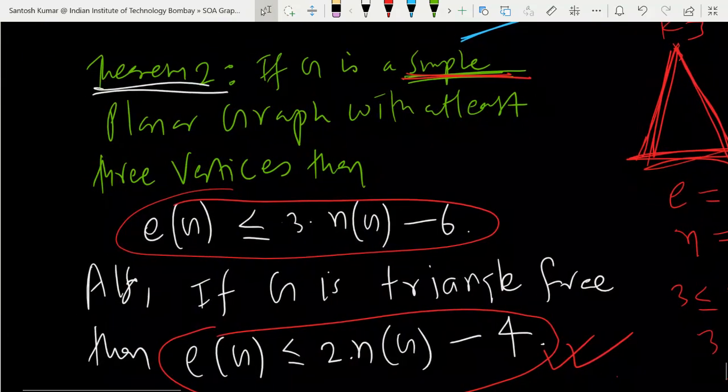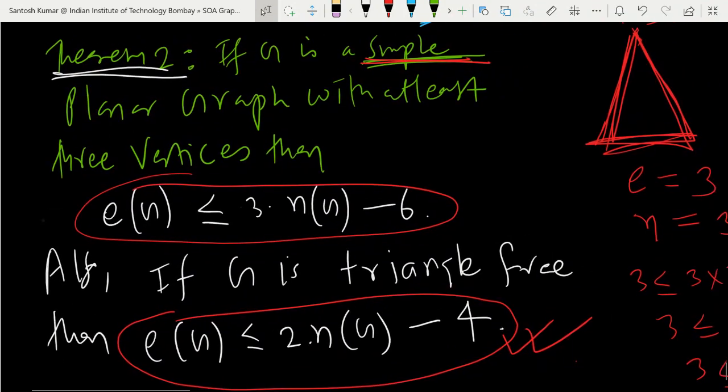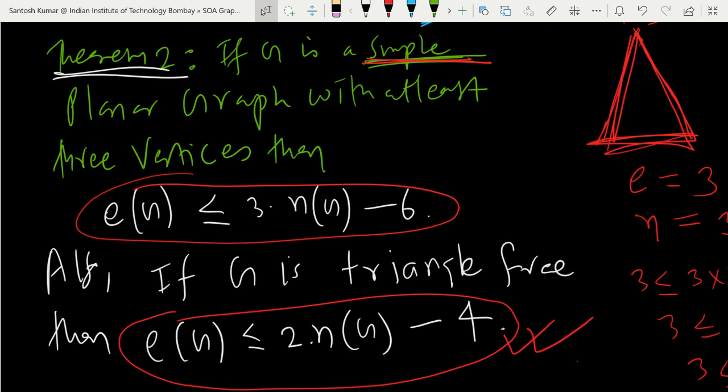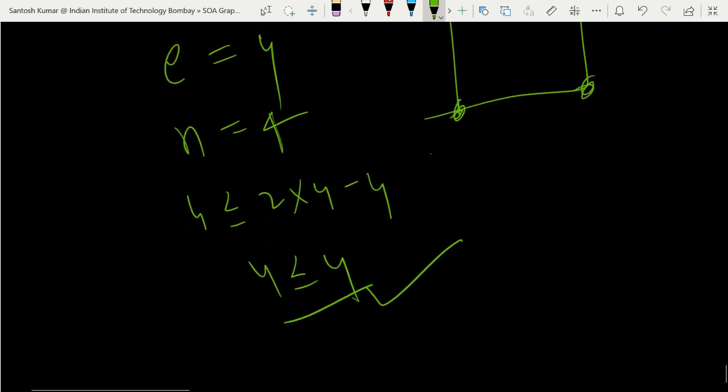If G is a simple planar graph with at least 3 vertices, then this holds. And if it is triangle free, then this will hold. So can I write here, e is less than or equal to 3n minus 6.